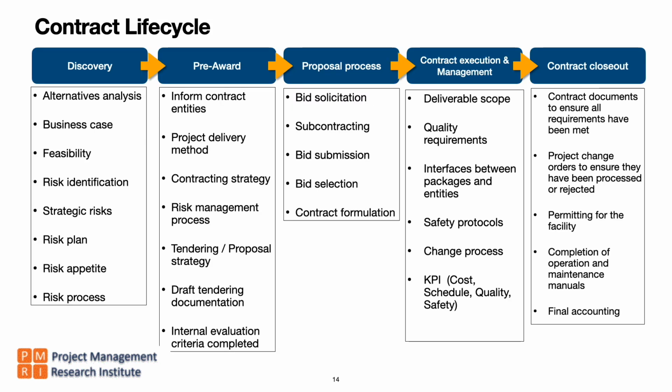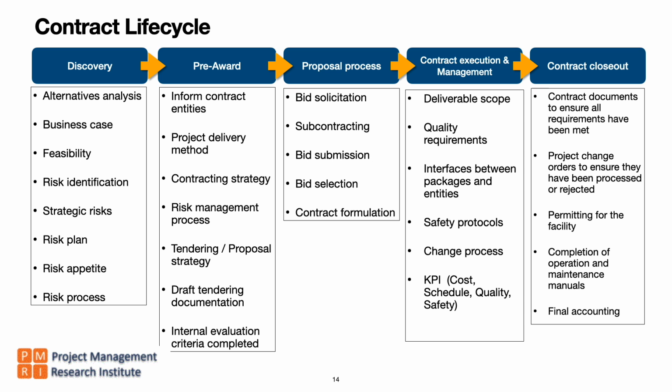So, to summarize, the contract passes through the phases of discovery, pre-award, proposal process, contract execution and management, and contract closeout. During the discovery phase, the contractor is not there. The owner does the feasibility studies, risk management, alternatives analysis, all those things the owner does.